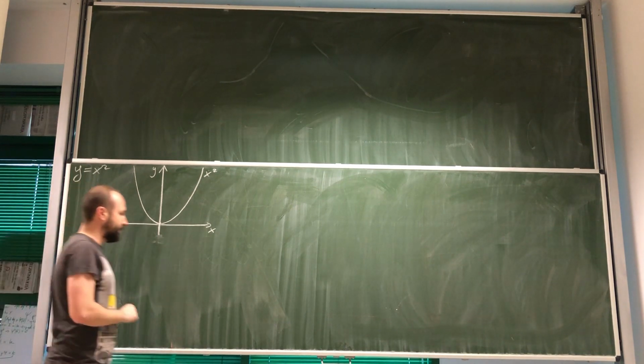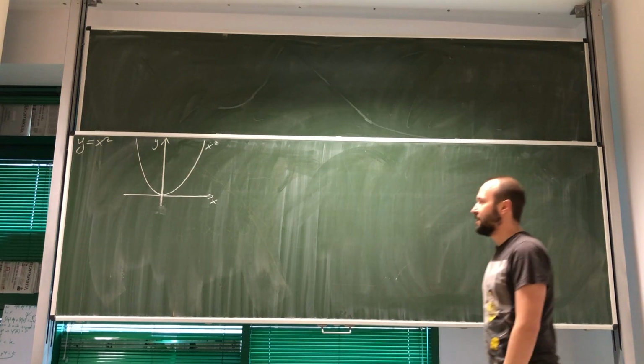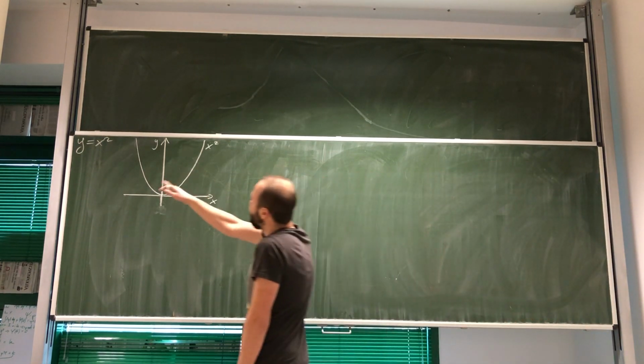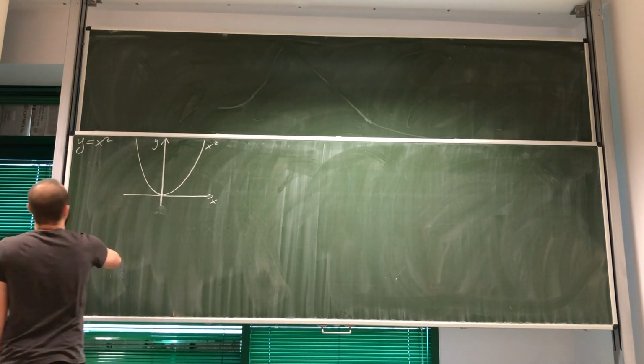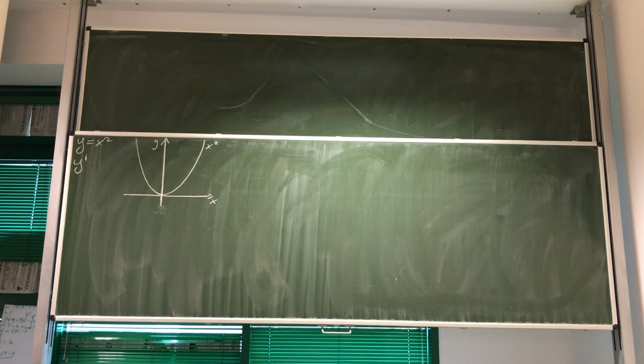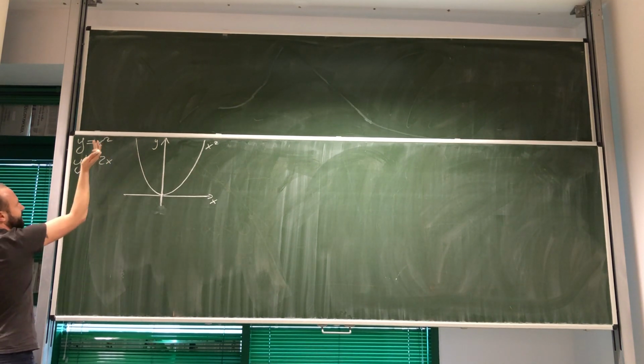Now, let's see if we're going to get this outcome by calculating the derivative. Now, look, the derivative of this function, let's denote it as y prime, is simply equal to 2x, right?